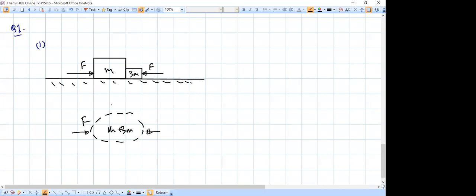Vertical forces are both balanced, of course, so acceleration will be 0. Okay, so in this case we can see that both blocks will be at rest.